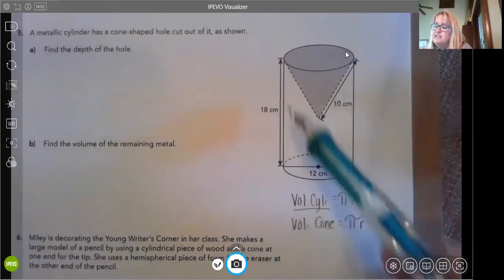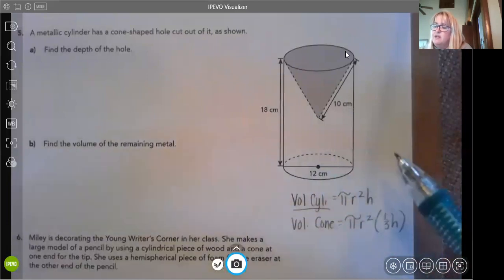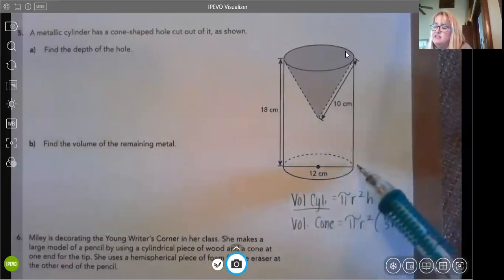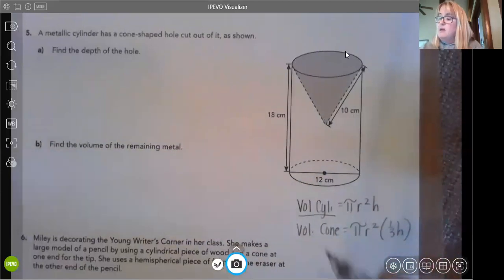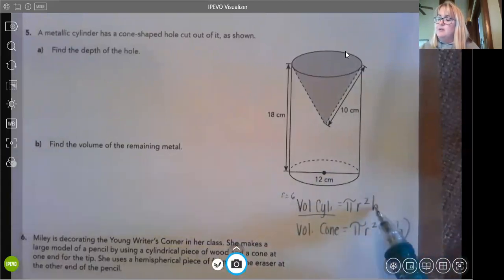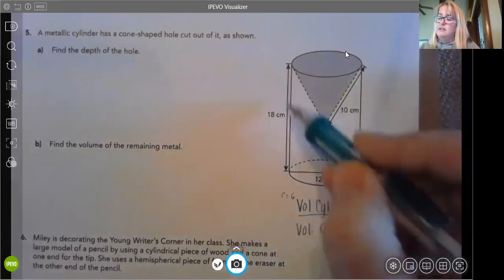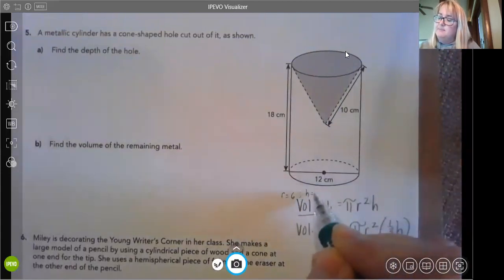The volume of the cylinder is pi r squared times the height. Do we know the radius of the cylinder? Yes, because the diameter is 12, so the radius is going to be 6. Do we know the height? Yes, the height is 18.